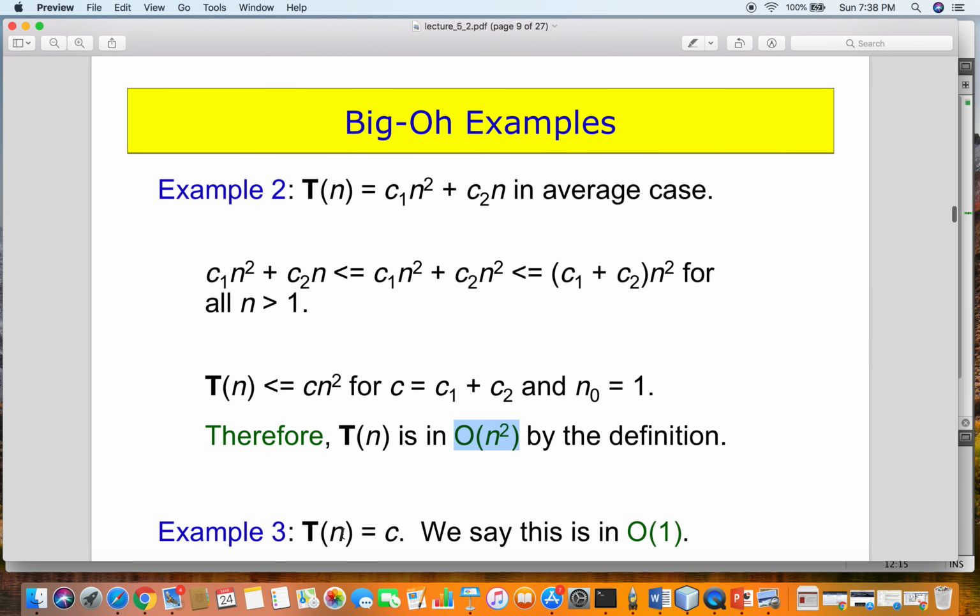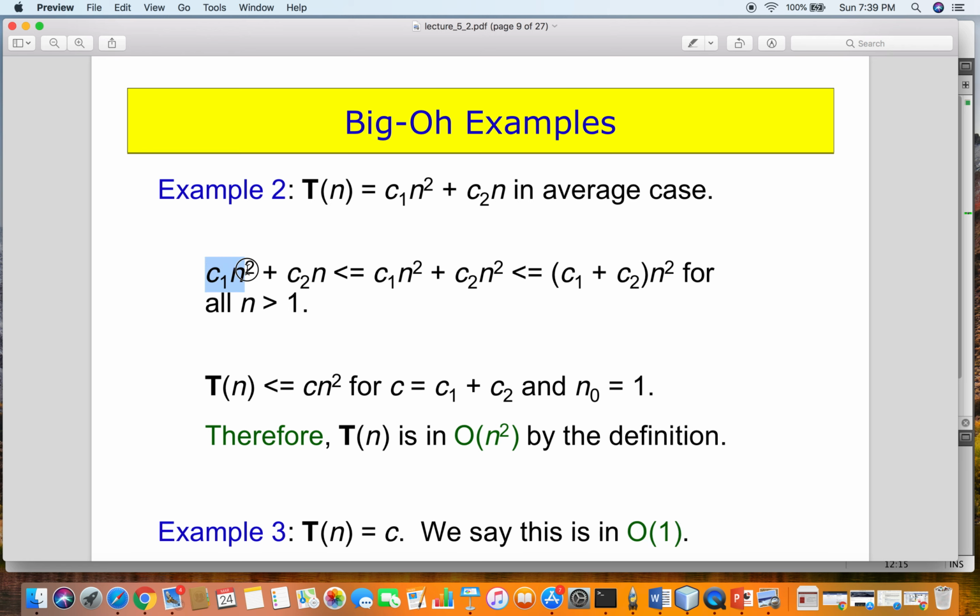Example 3: if it's constant, we say it is O(1). So watch these examples carefully again and again. We are looking at the upper bound, but we are taking the tightest case.